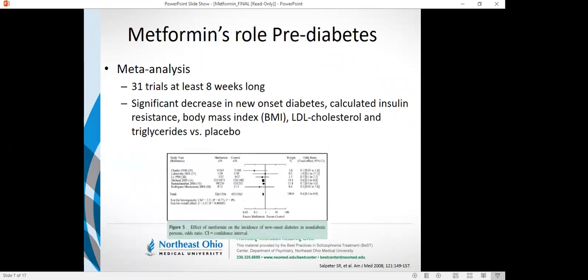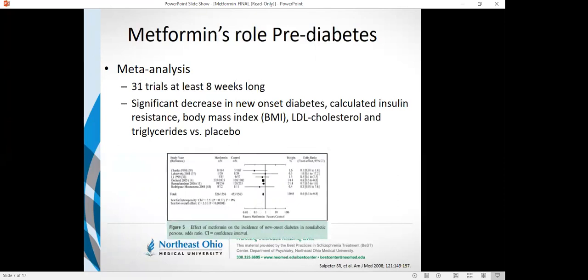Their BMI improved significantly, so they had a weighted mean difference of 5. So that would potentially shift a number of these patients out of the obese category down to the overweight category. They also saw some improvements in their cholesterol panels, with some reductions in LDL and triglycerides and an improvement in their HDL values.